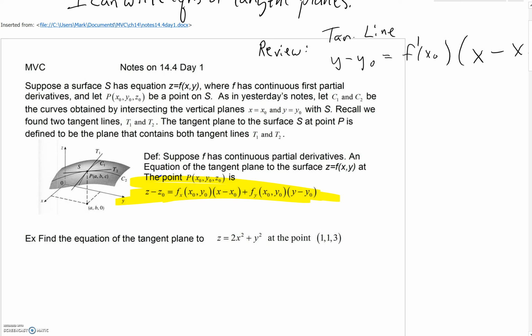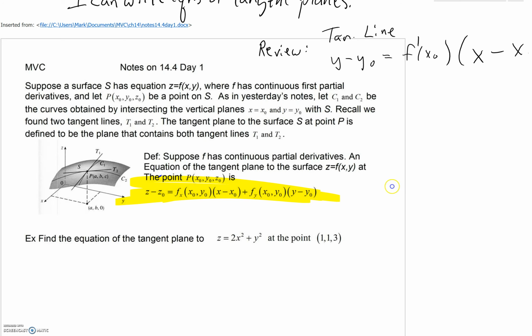You could wind up with two different curves, intersecting vertical planes where x equals x naught or y equals y naught. Those two curves are depicted here too. Of course, you'd wind up with two distinct tangent line slopes, T1 and T2. And that's really what our partial derivatives were.